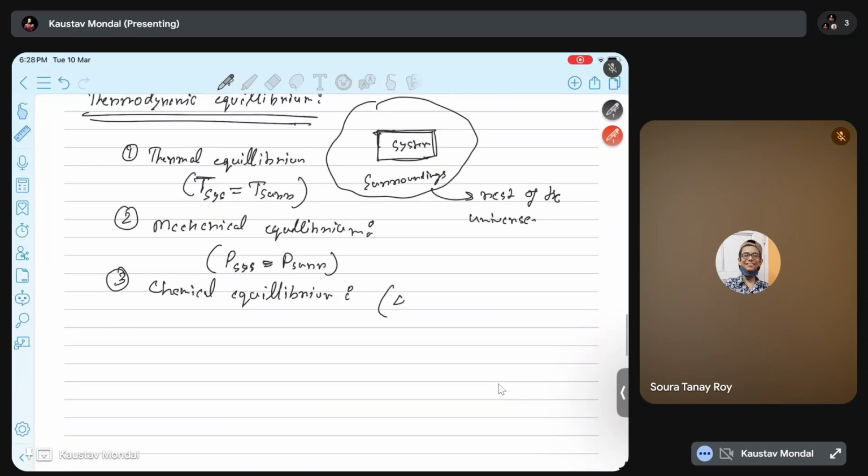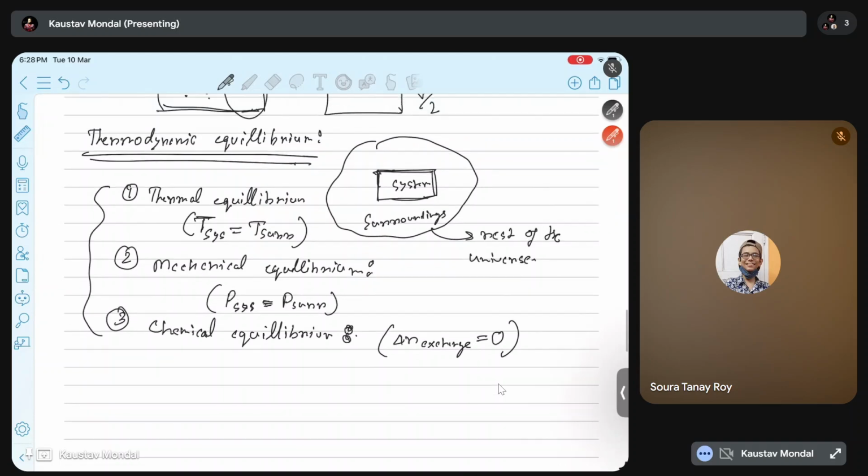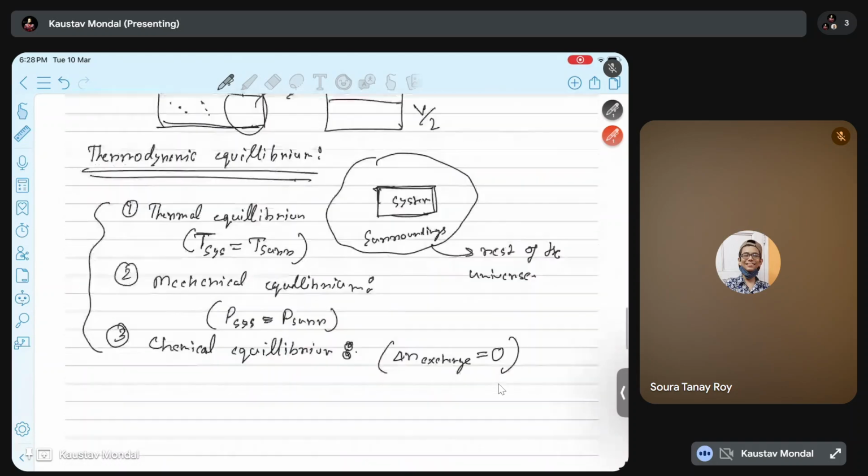Delta n exchange should be equal to zero in order to qualify the system as in chemical equilibrium. So if the system obeys all of these three types of equilibrium with the surroundings, then you can say the system is in thermodynamic equilibrium with the surroundings.